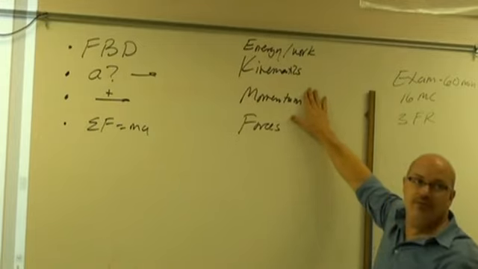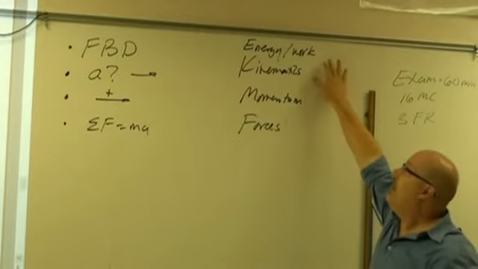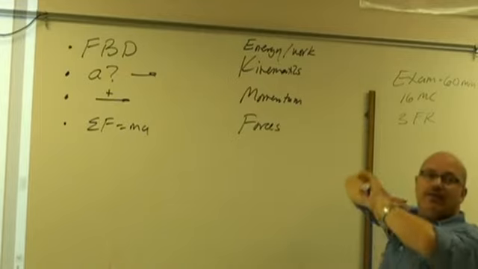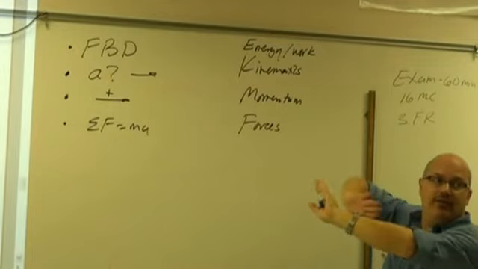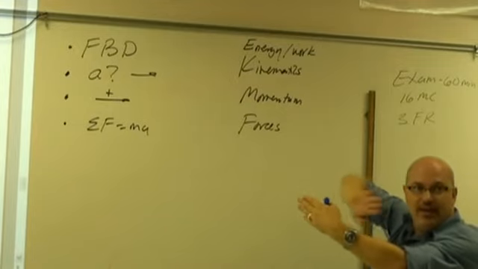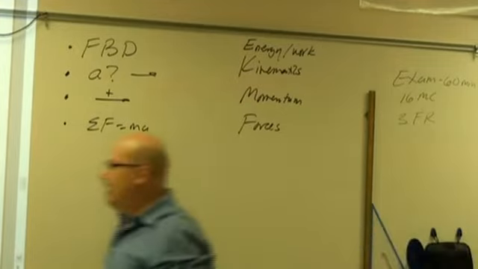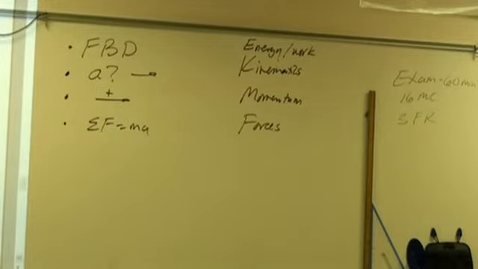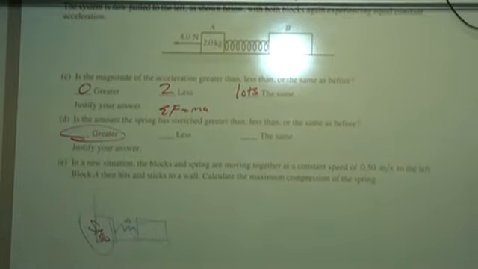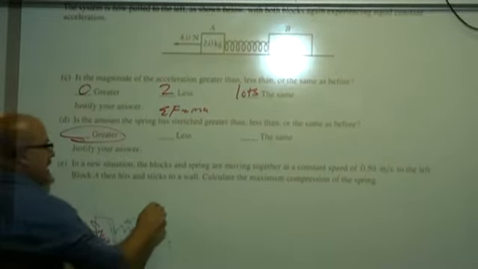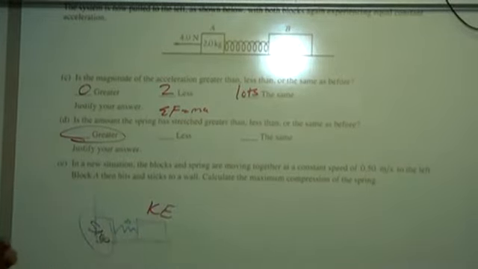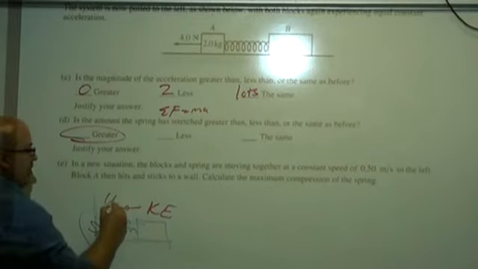However, what else can we use? Energy. Can we say we have a certain amount of energy to begin with, and then when it hits the wall the spring compresses? But energy for what? This one's going to stop, so the energy of this one will not be conserved. But the kinetic energy of this one is all going to turn into spring potential energy.